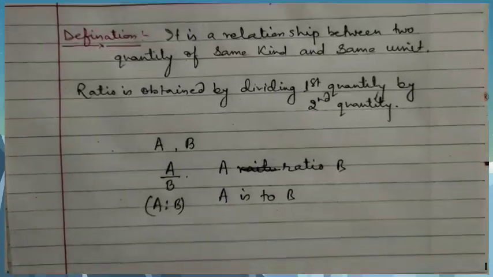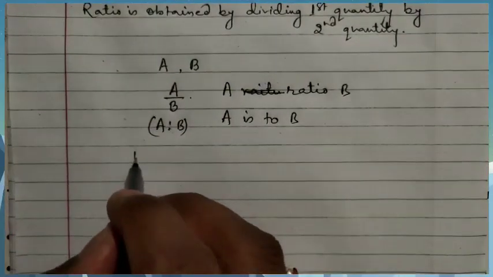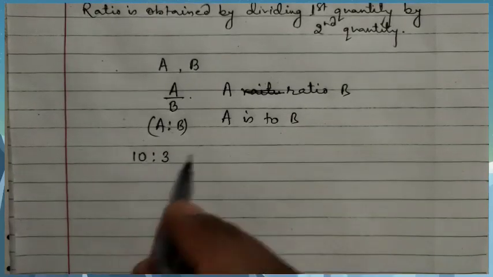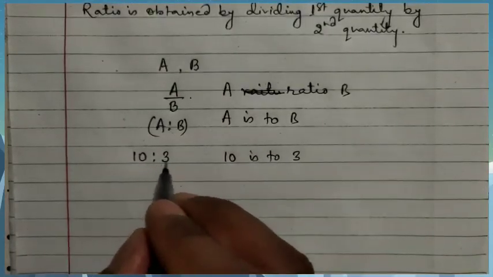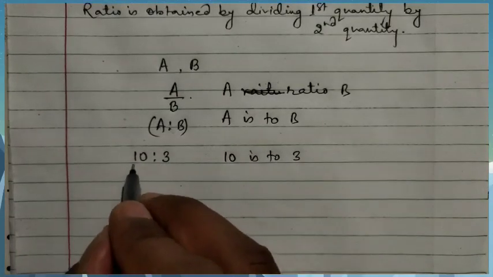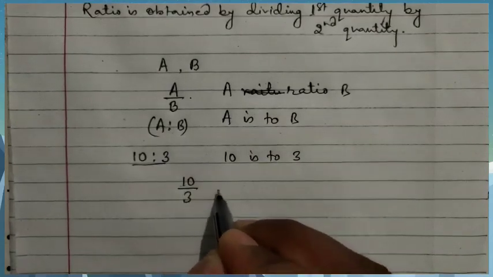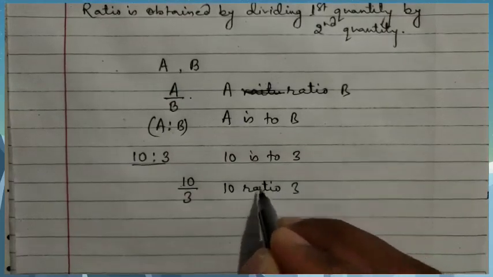Suppose let us take a numerical example, where the first number is 10 and the second number is 3. So this will be called 10 is to 3. This is called ratio. Or you can write it like this also, 10 by 3. This is also called 10 ratio 3 or 10 is to 3.